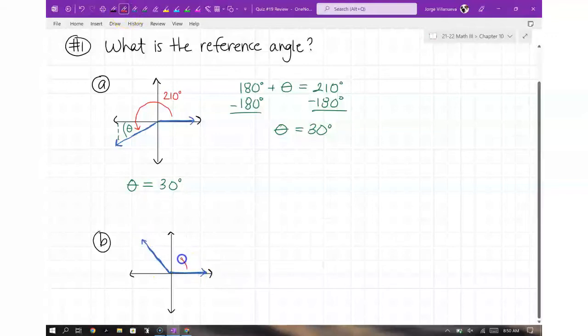So we'll say that this angle is 133 degrees. 133. Okay? And you're going to want to drop down your vertical line and identify the angle, which is going to be that one.